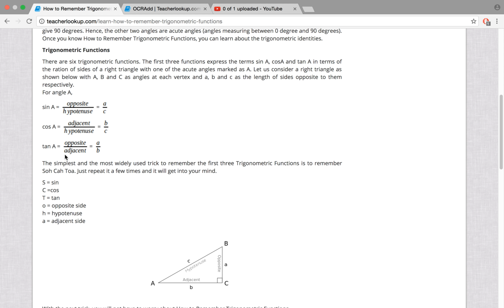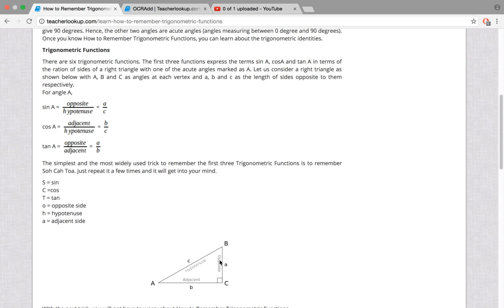All right. And if you're trying to find out cos of this angle, it's adjacent. So this adjacent side, the length of B, and the length of C, which is the hypotenuse, will give us cos A. And tan: opposite, so the length of A over the length of B will give us tan A. So in an exam or in any situation, you may not have one of these sides.